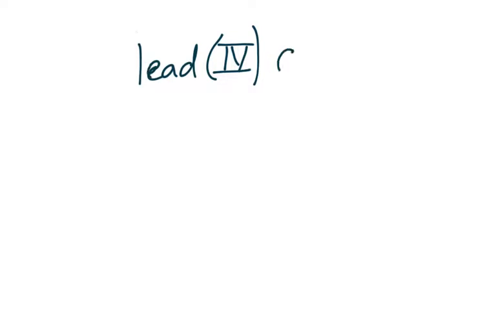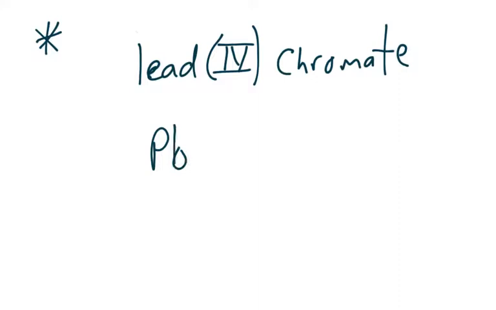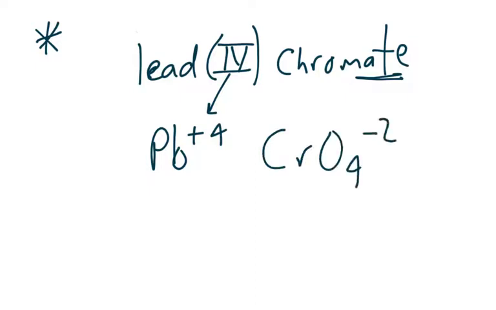Now, let's take a look at this. Let's say we had lead, Roman numeral 4, and let's put here chromate. Now, look at this one. Pay close attention to this. Lead is Pb. We have the charge, +4. Chromate, you could tell that's a polyatomic. So from our list, chromate is CrO4 -2. Now, look at these numbers.